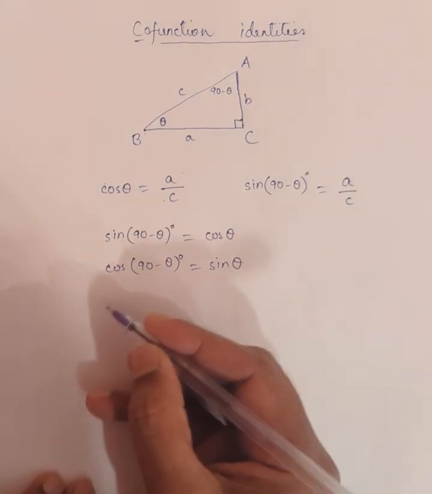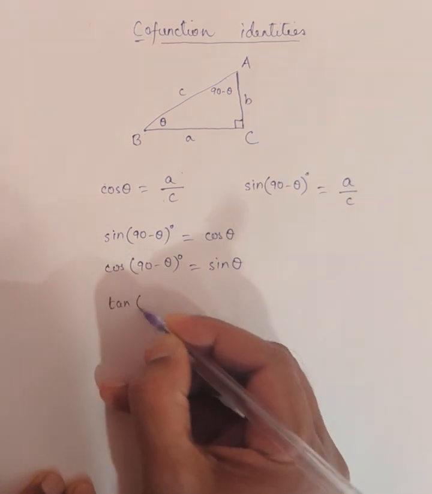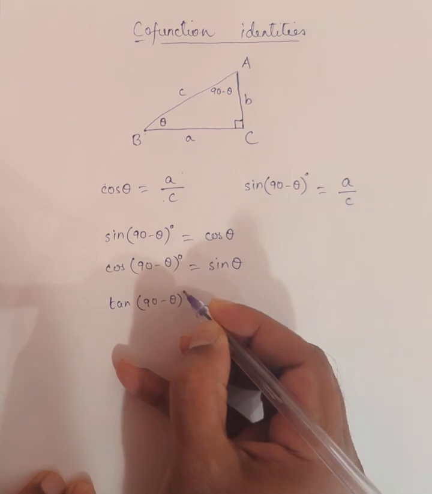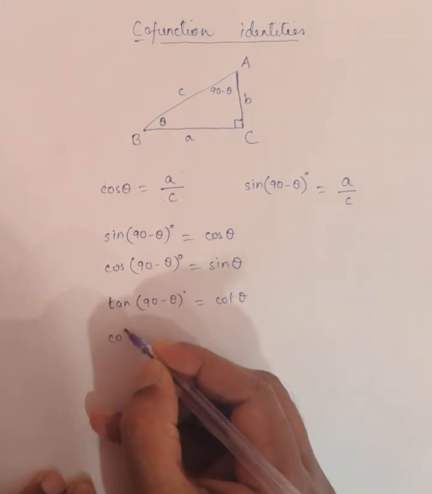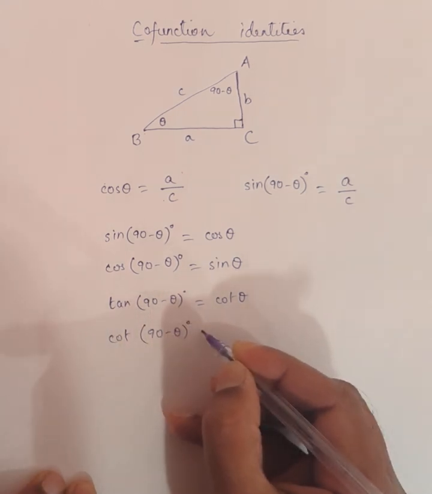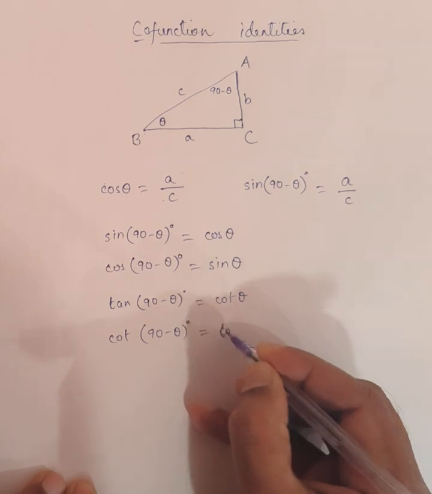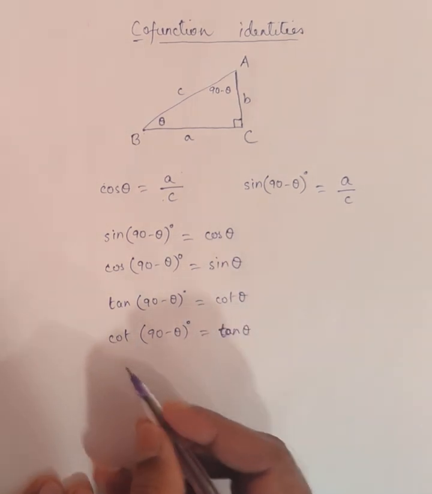So let's write down tan of 90 minus theta is equal to cot theta, and cot of 90 minus theta is equal to tan theta. So tangent and cotangent are complementary.